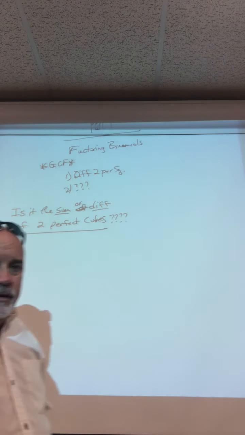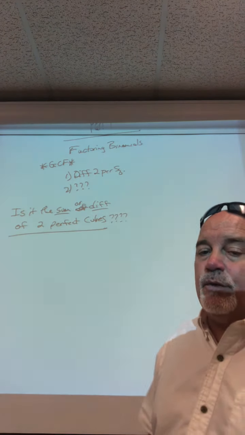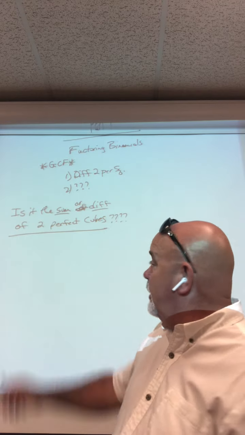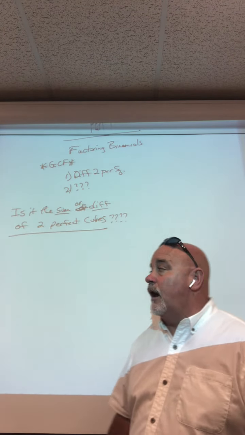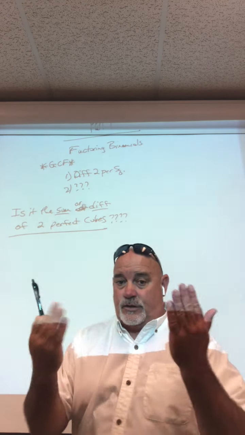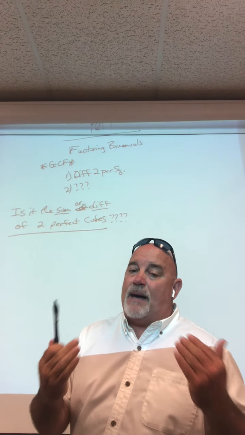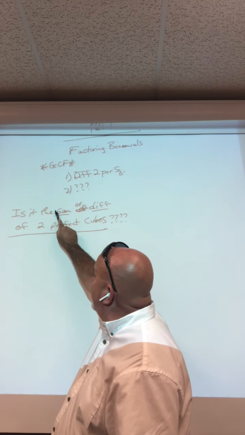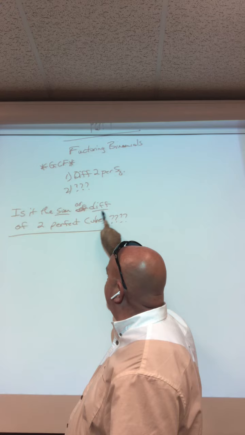Okay, so let me show you how you can tell if it's the sum or difference of two perfect cubes. So let's talk about this. First of all, 2. What does 2 mean? Two terms. So we're still talking about binomials. But now we're talking about a sum or a difference.